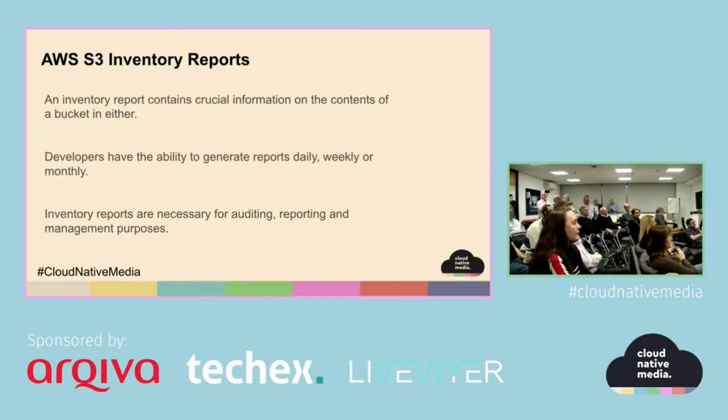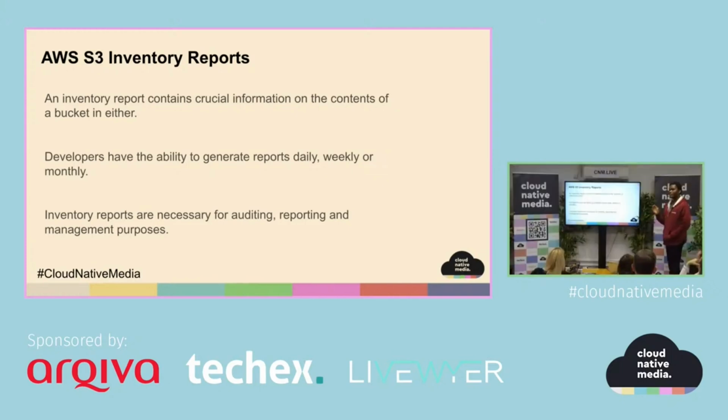An inventory report contains crucial information about the contents of a bucket. With inventory reports, developers have the ability to generate reports daily. It's just like the literal meaning of the name, inventory report. If you're working in a farmhouse, you'd have an inventory where you write everything within your farmhouse or your store, listing all the tools you have, your services, your products, and all of those. That's the same thing with inventory reports.